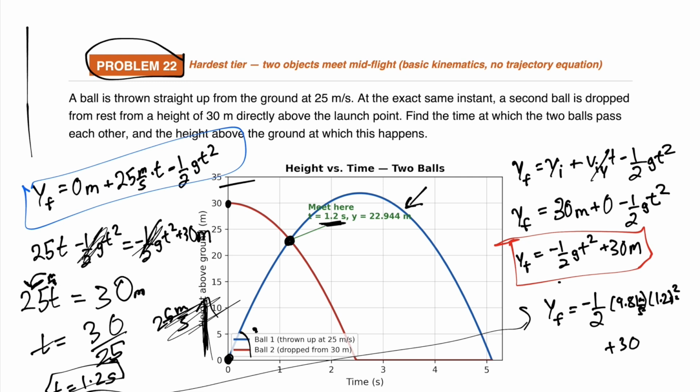Negative 0.5 times 9.81 times 1.2 squared, and then that plus 30. Okay? So that's going to be equal to 22.9368 approximately. The rounding error that occurred here was probably because I used 9.81, while the PDF might have used 9.8. When I was designing the questions, I might have used 10 or 9.8. But it's basically the same thing, right? And units, of course, I'll include my units for meters.